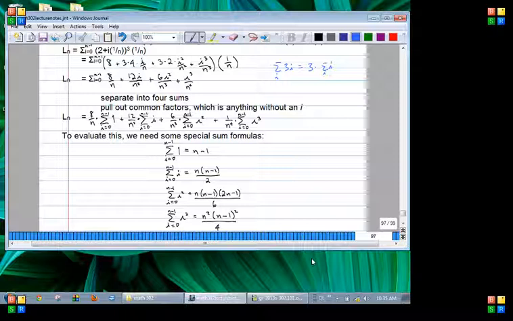So these 4. So now we can just replace each summation expression with this other expression, which is in terms of n. We could talk about where these formulas come from, but I'm just going to skip that part. We'll just take the formulas as given.